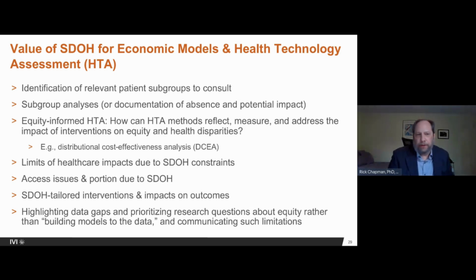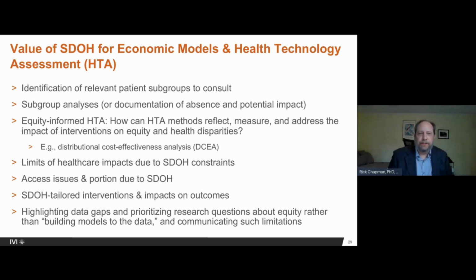As I said before, we can use this to think about, if a healthcare intervention is not having the impacts that we thought it would, is this because of issues with the intervention itself, or is it social determinants of health that are causing some of the constraints here? And that could lead us to address those to make sure that the intervention reaches its full potential.